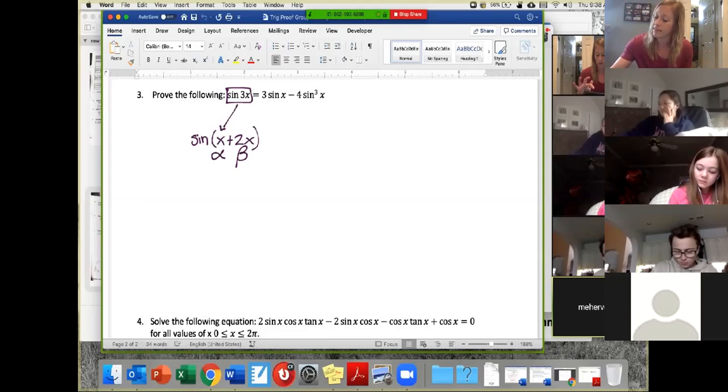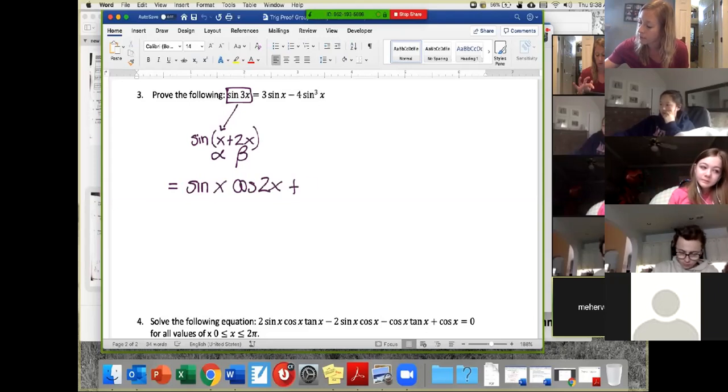That tells me that this is going to expand into what? Sine x cosine 2x plus cosine x sine 2x. So we're using our alpha plus beta formula and expanding using x as my alpha and sine of 2x as my beta.